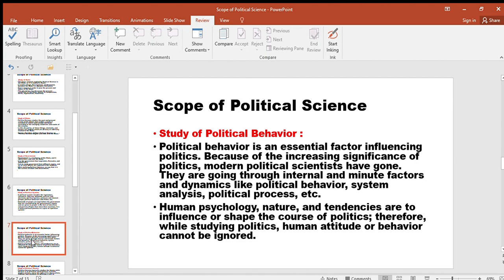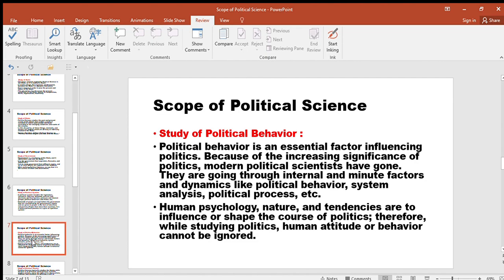Political science is a study of political behavior. Political behavior is an essential factor influencing politics. Because of the increasing significance of politics, modern political scientists have used this term and these terminologies.